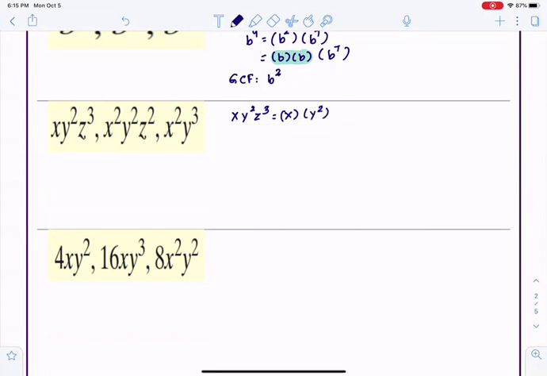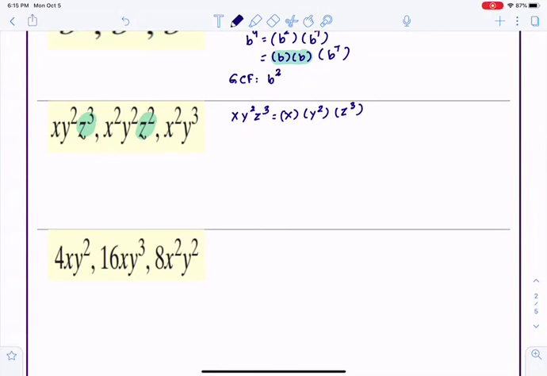And if I look at the z terms, the smallest exponent in common is 0. The reason being we have z cubed, z squared, and there is no z term there. In other words, all we have is 1. So we simply write it as z cubed.